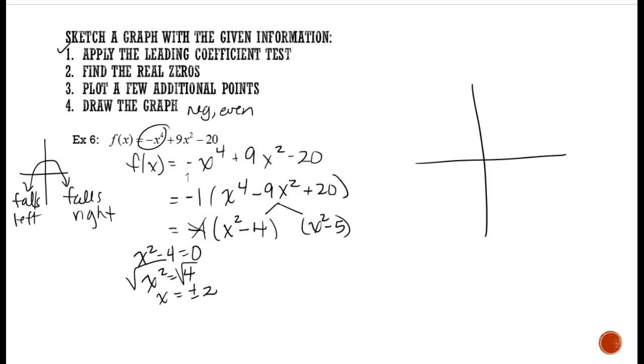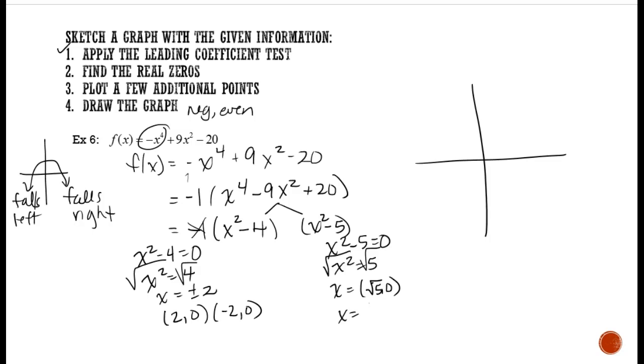So I have a 0 where x is 2 and where it's negative 2. Right? And if I do this over here, solve, I get a 5, and I'm going to take the square root. So x is positive square root of 5, and I have an x at a negative square root of 5.